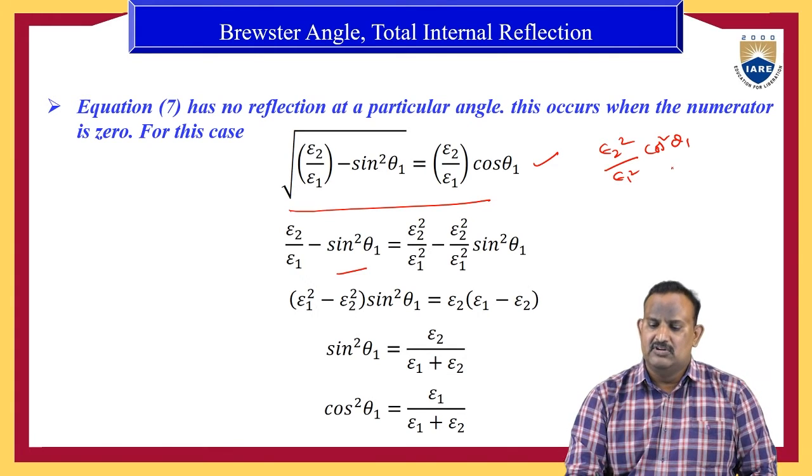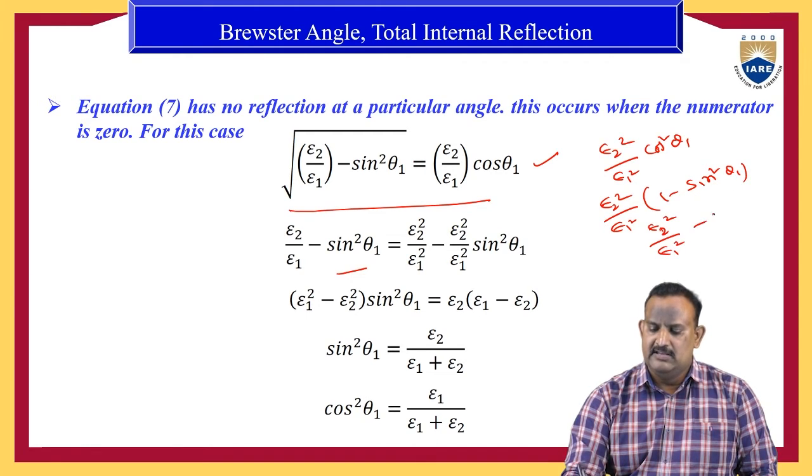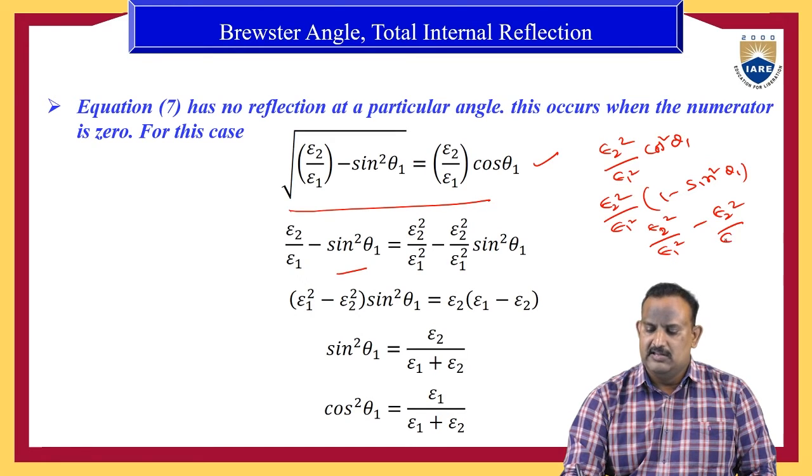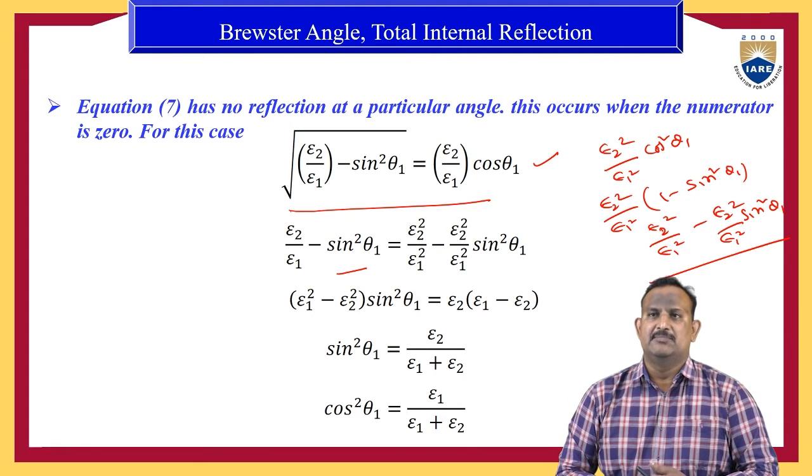Cos square theta 1 means 1 minus sine square theta 1. Therefore it is epsilon 2 square by epsilon 1 square into 1 minus sine square theta 1, which becomes epsilon 2 square by epsilon 1 square minus epsilon 2 square by epsilon 1 square into sine square theta 1. This is the expression after simplification.